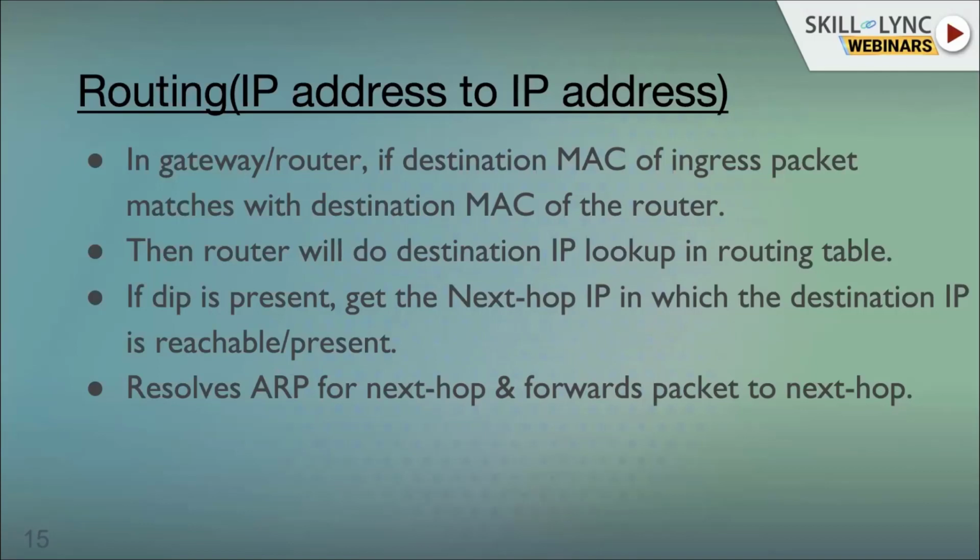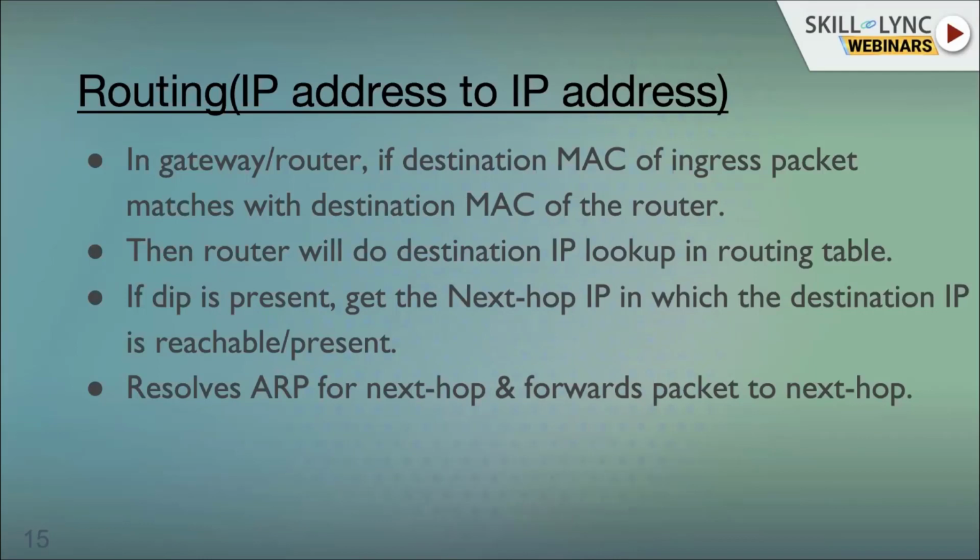The IP address will be the constant, but the intermediate districts or streets will change. First it will connect to India, the country. Next it will search the state, next the district. But every time the house number, the IP address, will be constant. Like that here also, the destination IP will be constant.